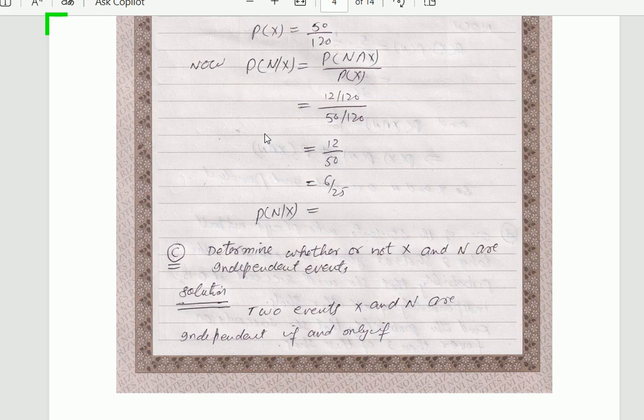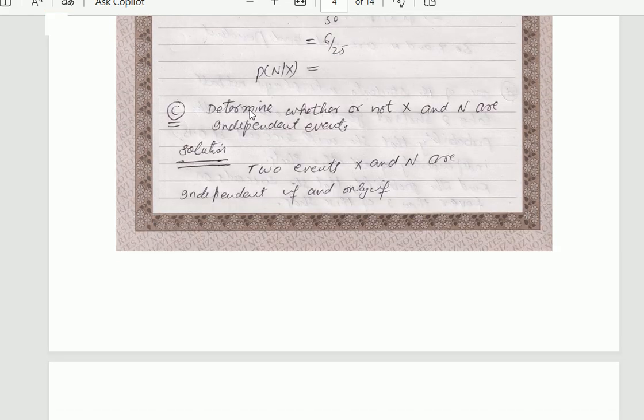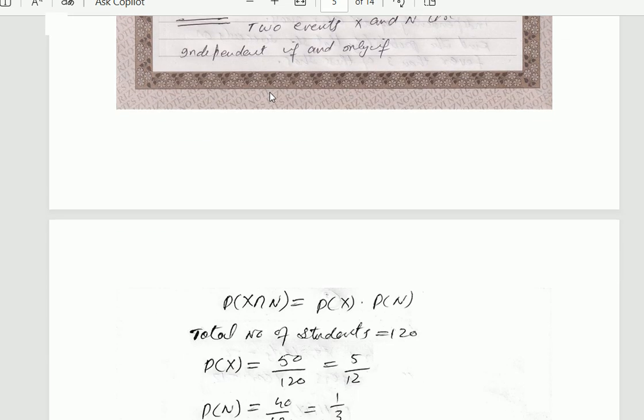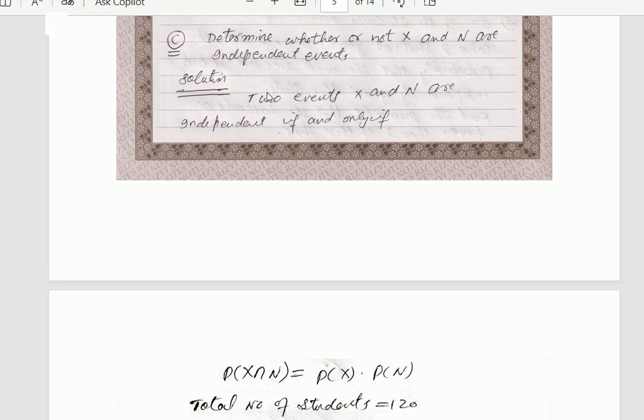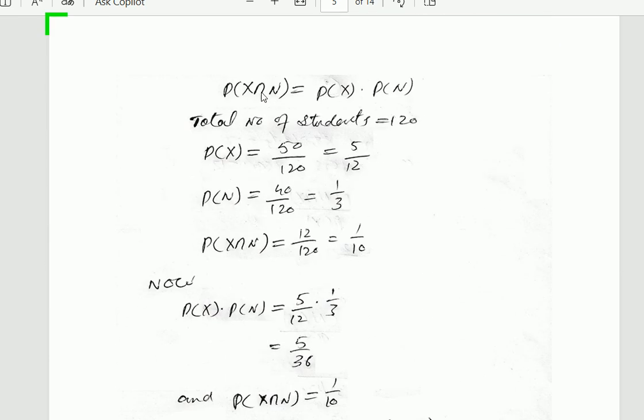So in part C, determine whether or not X and N are independent events. Two events X and N are independent if and only if we can write P of X intersection N equal to P of X times P of N. The total number of students is equal to 120 as given in the question statement. The probability of X is equal to 50 over 120, equal to 5 by 12, and the probability of netball is equal to 40 over 120, equal to 1 by 3.